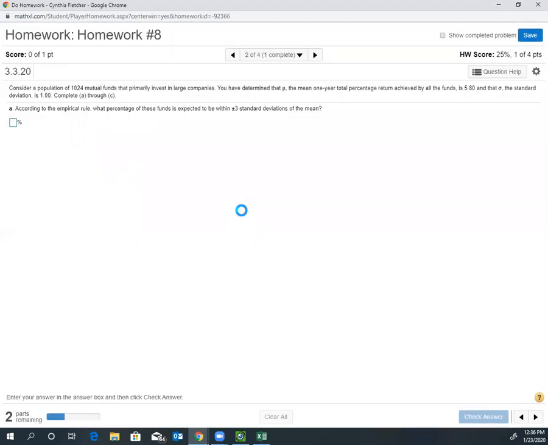Okay. On problem 2, it says consider a population of 1,024 mutual funds that primarily invest in large companies. You have determined that the mean 1 year total percentage return achieved by all the funds is 5.80. So right now, we know that my mean is 5.80.